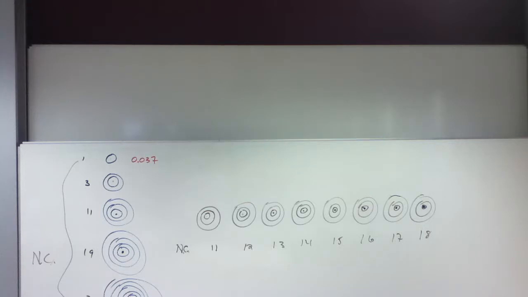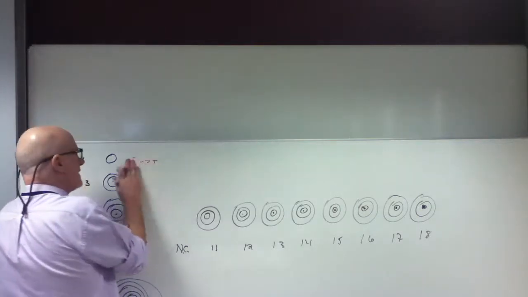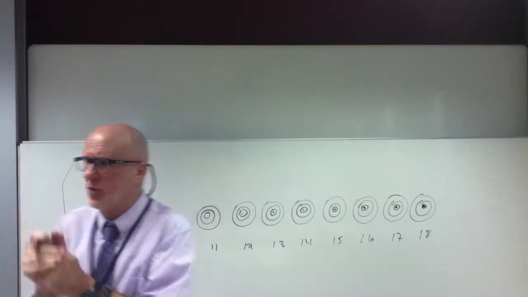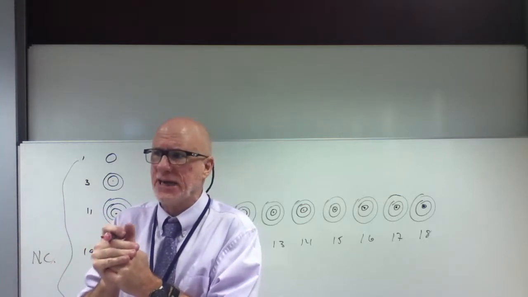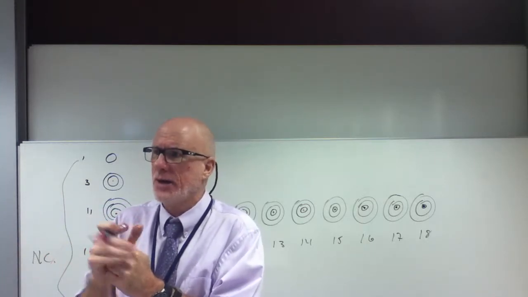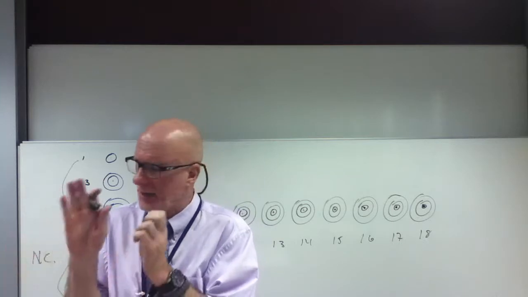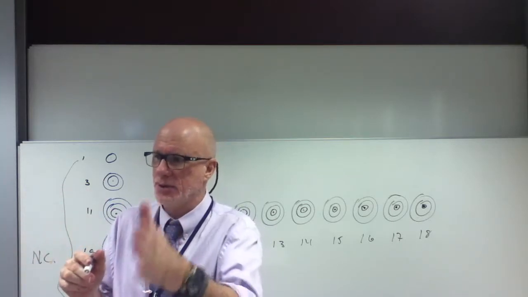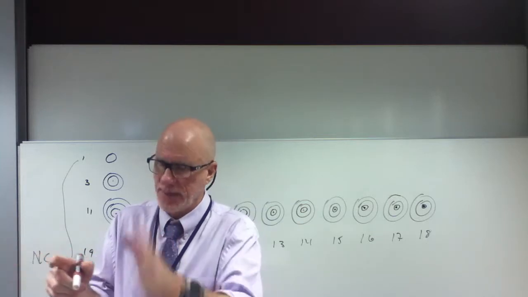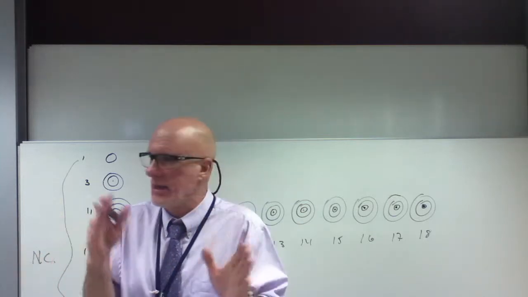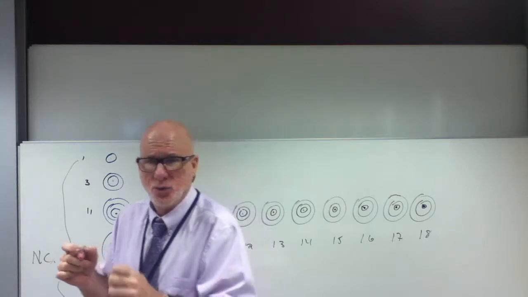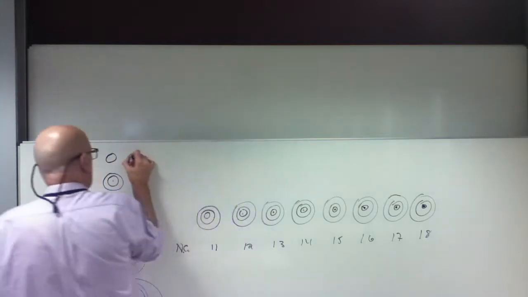It's 30. I asked you for the atomic radius, not the ionization energy, the 0.037 on the sheet. I wanted you to see it in the book. So it's 30 here, right?